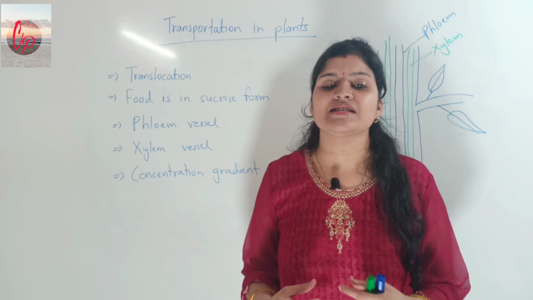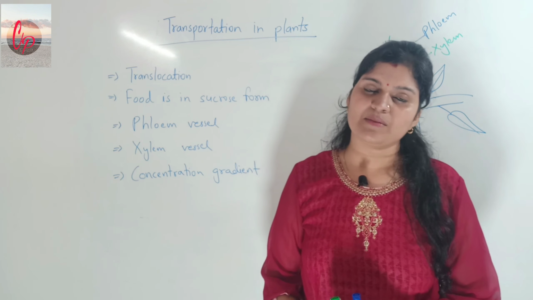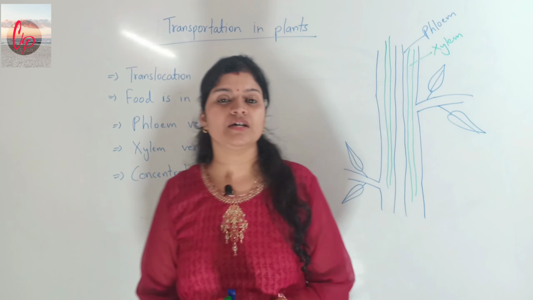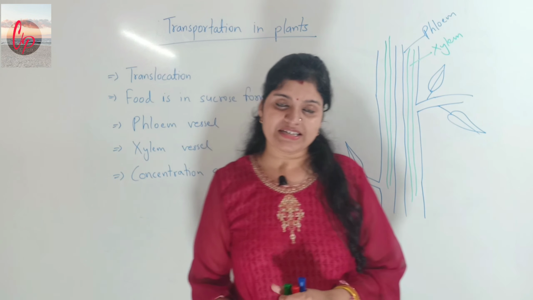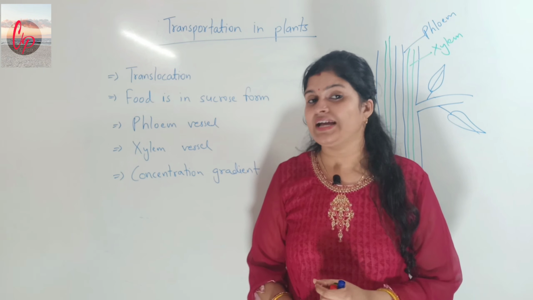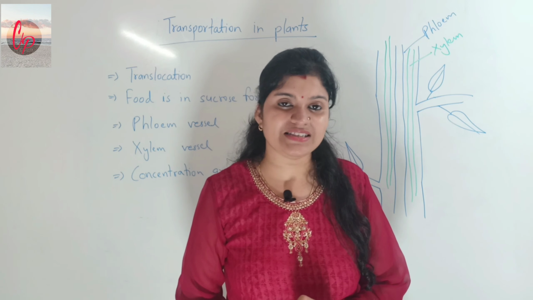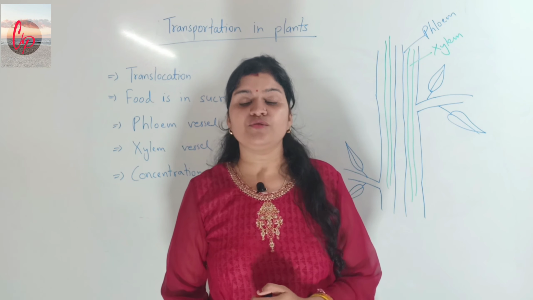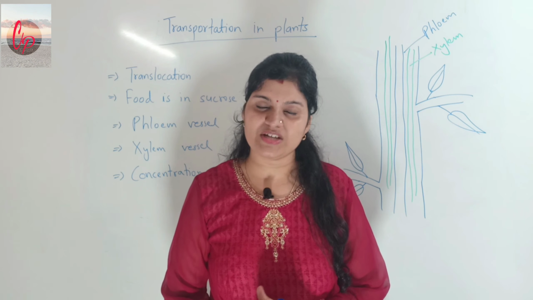How this transportation happens is also very important to know when it comes to transportation in plants. As you all know, we have discussed that water and minerals are transported with the help of the xylem vessel, and the food which is in sucrose form is transported with the help of the phloem vessel.